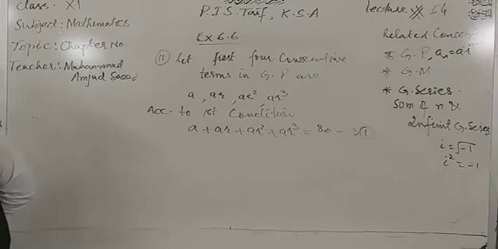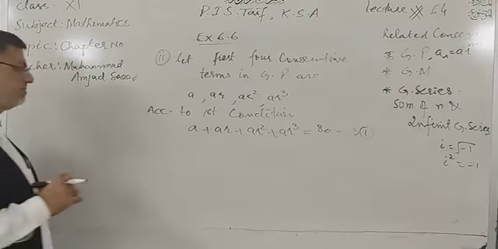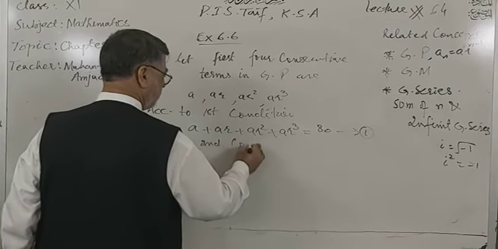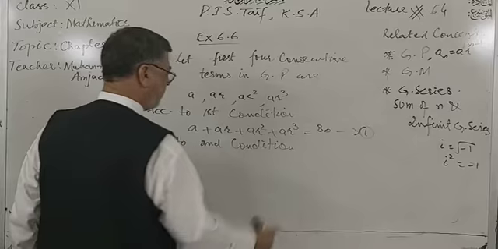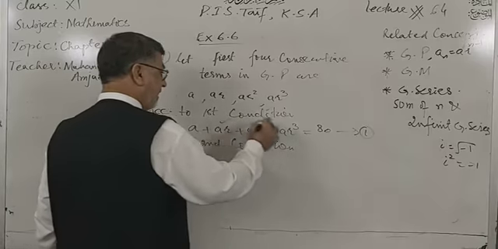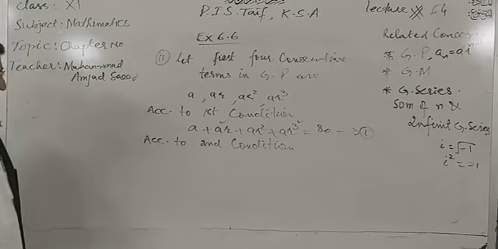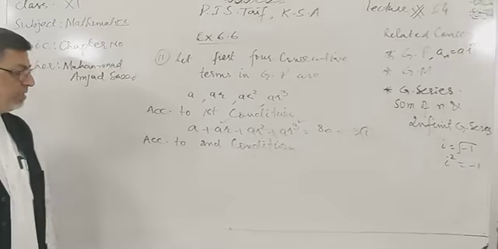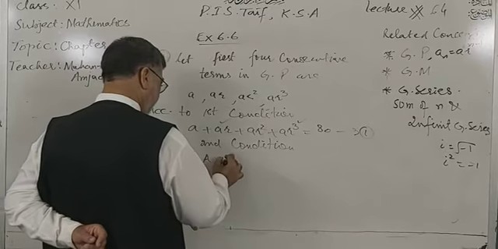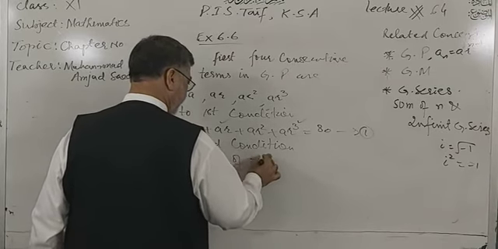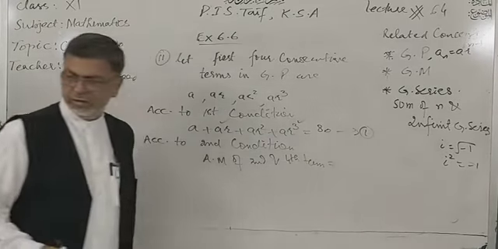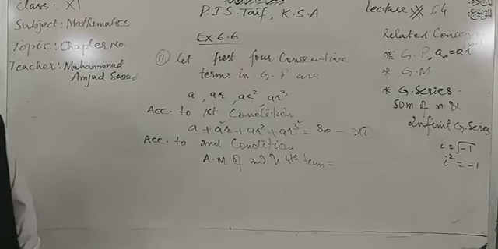And the arithmetic mean of second and fourth term is 30. According to second condition, arithmetic mean of second and fourth term is equal to 30.